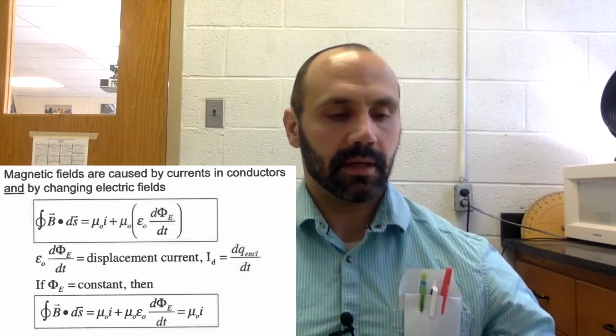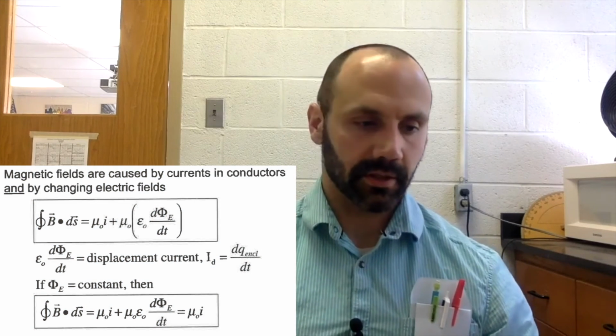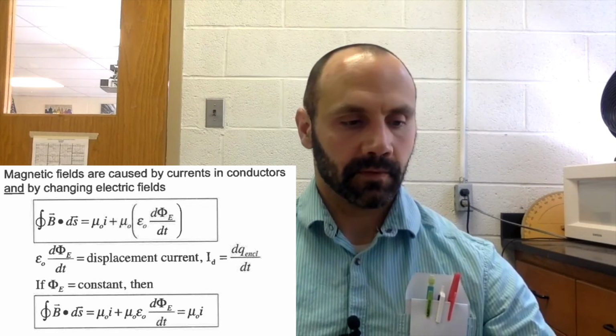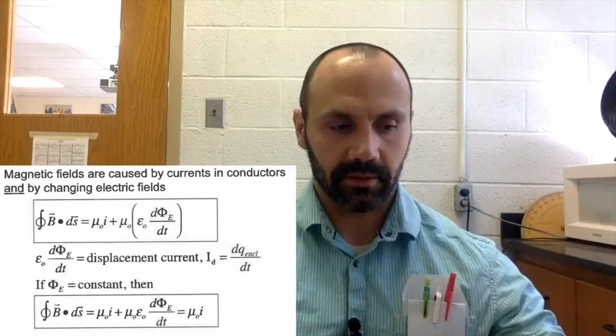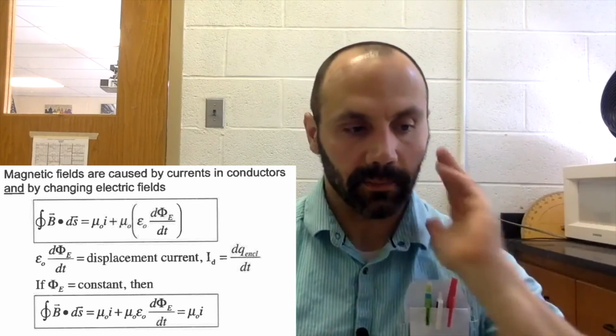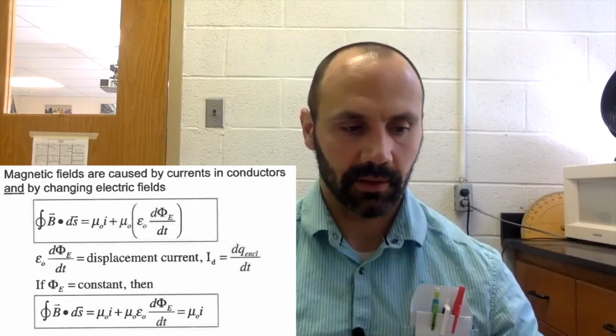And so then it's important to recognize that magnetic fields are caused by currents in conductors and also by changing electric fields. So the full piece of Ampere's law was then perfected by Maxwell, so it's the Ampere-Maxwell law.